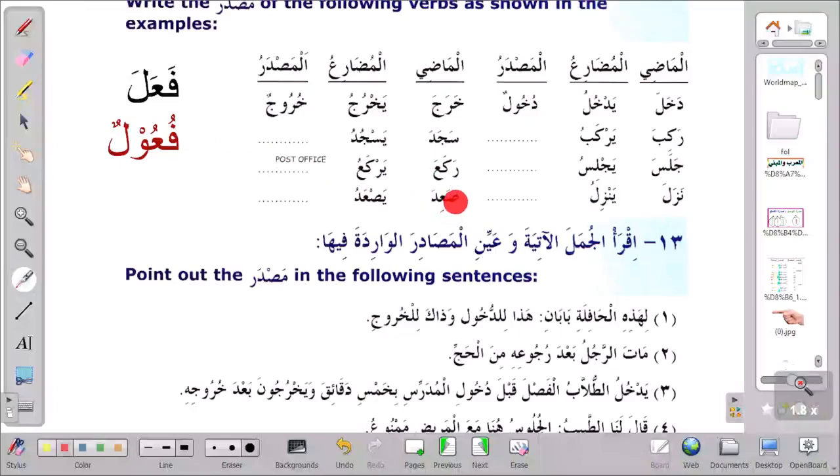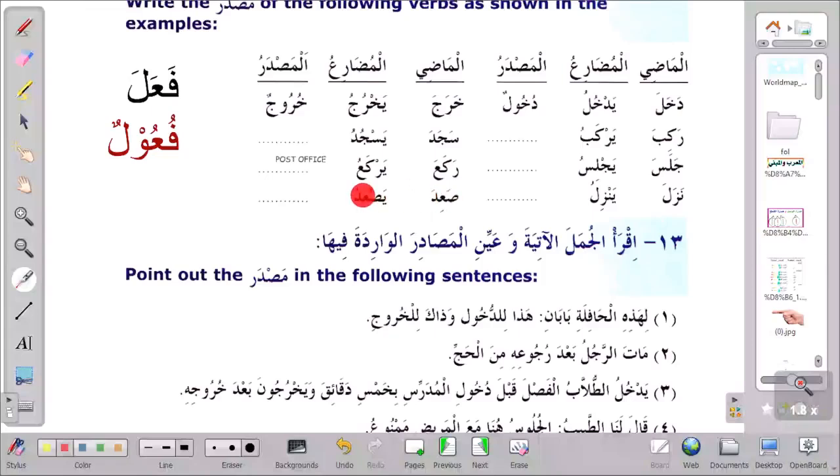Sa'ida, they have written sa'ida. Sa'ida is to climb. In English, there's another word, I think scale. So, for example, when someone scales a wall, you see, su'ud al-jidar. So, sa'ida, he climbed or he scaled.